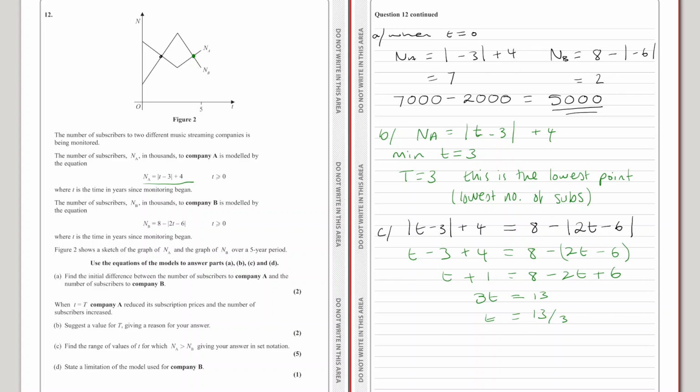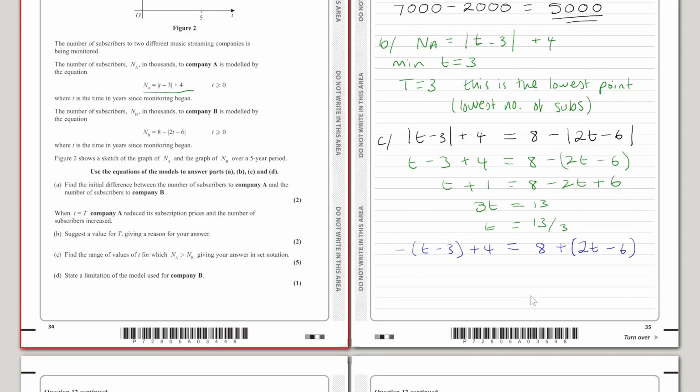And for this point here, A has got a negative gradient, so it's going to be negative t minus 3 plus 4. And B's got a positive gradient, so 8 plus 2t minus 6. So minus, but plus. So that's negative t plus 3 plus 4 equals 8 plus 2t minus 6. So negative t plus 7 equals 2 plus 2t. So that's 5 equals 3t.